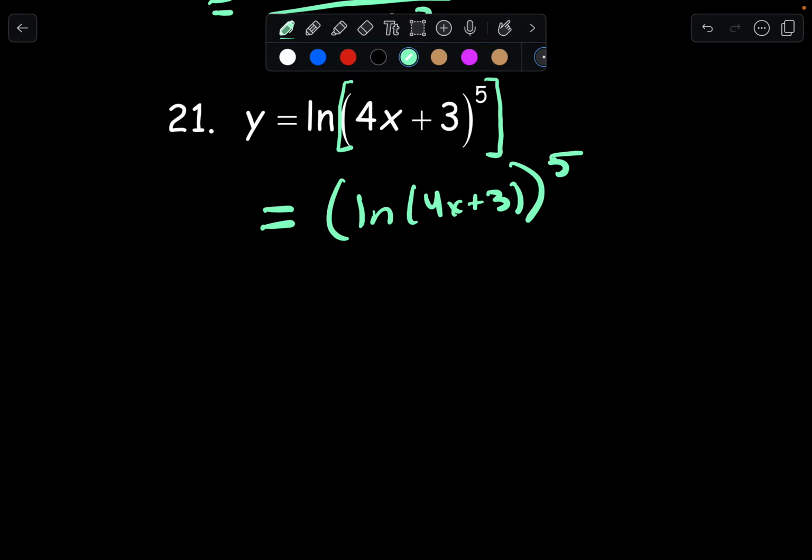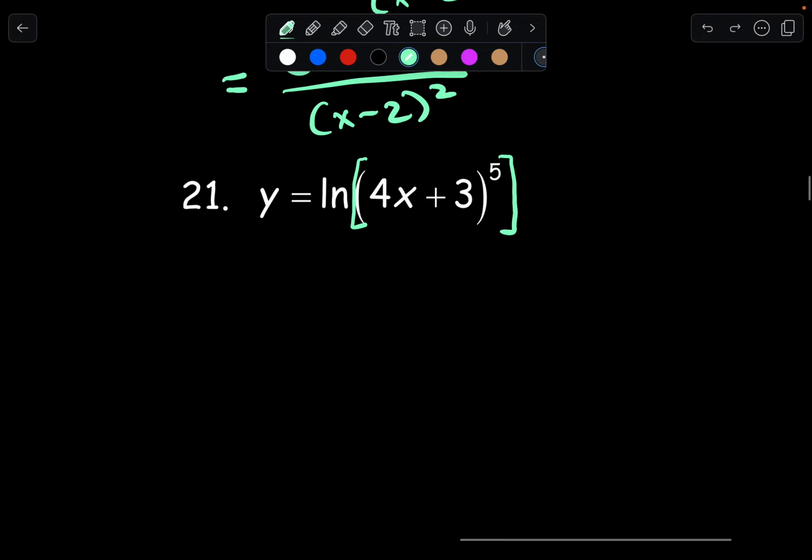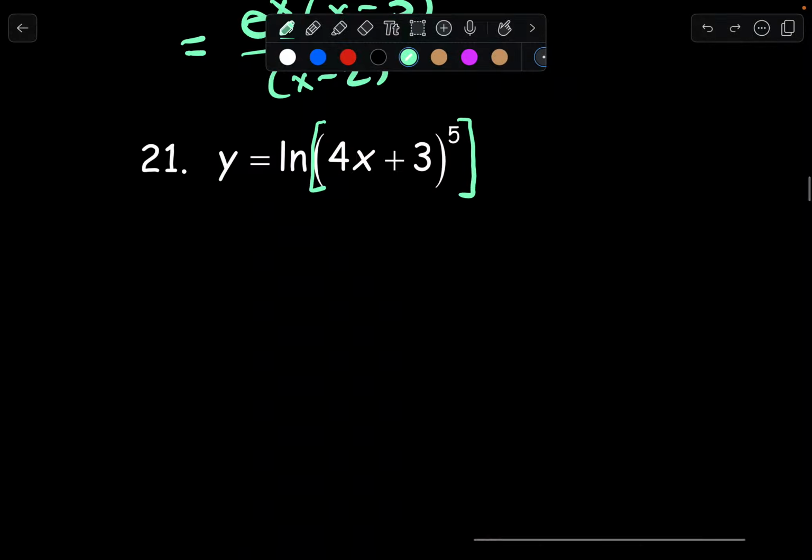Okay, so this would mean the entire log is raised to the power of 5. This is the power of 5 being part of the input for the natural log, okay? So when we get to assessments, I will make sure that that is very clear. And if you're ever confused on where it's supposed to be, please ask, and I will make that very obvious for you all, okay? So this one, the reason why I point that out is because you can use a rewrite for this, okay?